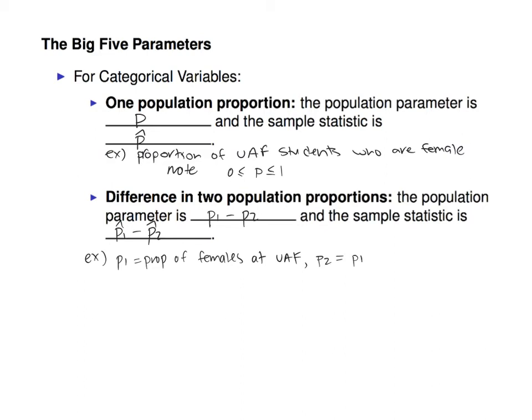P2 is the proportion of male students. And we were interested in P1 minus P2, as in how different are these proportions? Are they approximately equal? Is there a higher proportion of females? Something like this. But the kicker here is that we have 2 different groups.